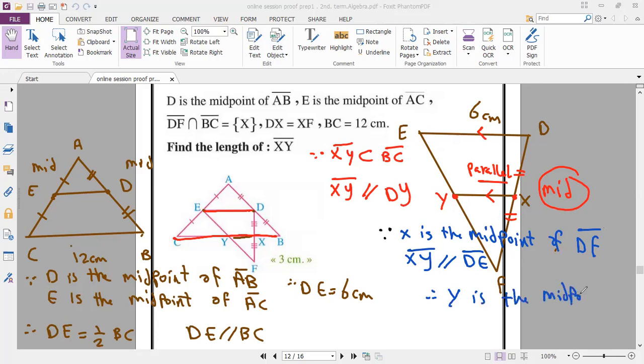Y is the midpoint of EF. Y is the midpoint of EF.